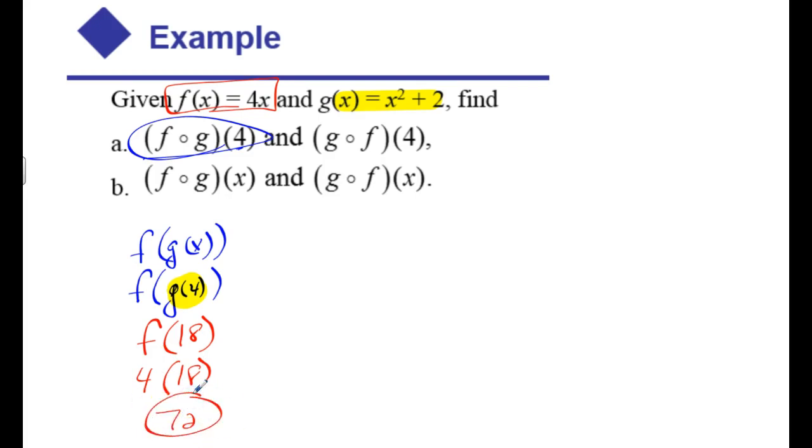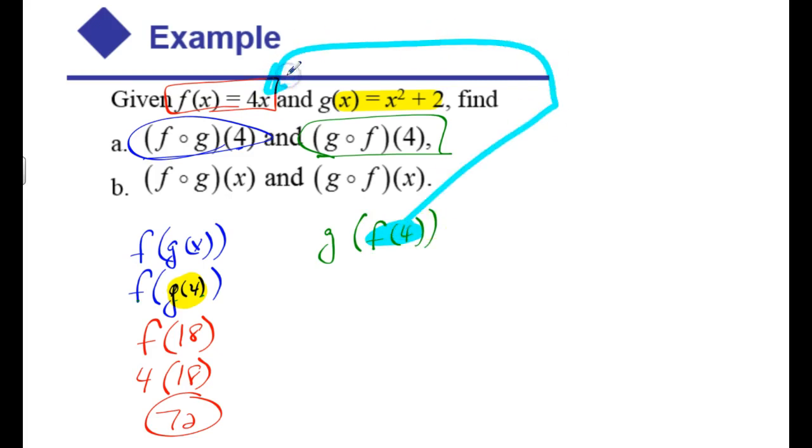Let's try this again. Let's try g at f at 4. G at f at 4 is probably not going to be the same thing as f at g at 4. We'll explore here. This, first of all, says, let's go to the f function and plug in a 4. So I'm going to come here. This time I'm starting with 4 times 4.